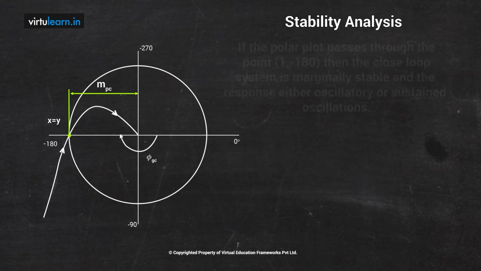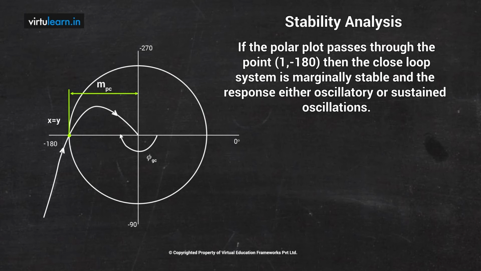Then the third case, which is very important for analysis purposes, is the marginally stable case. If you closely observe this case, I have the polar plot, and one circle is the minus 180 degrees line, the other one is the unit circle.